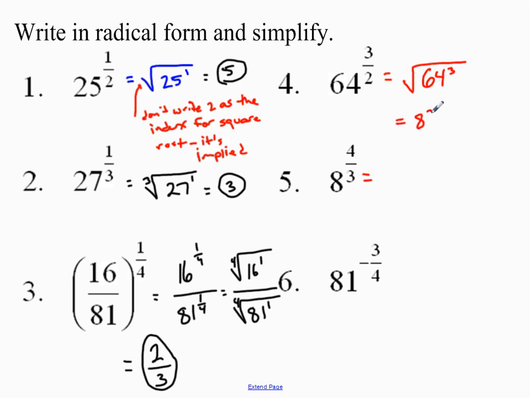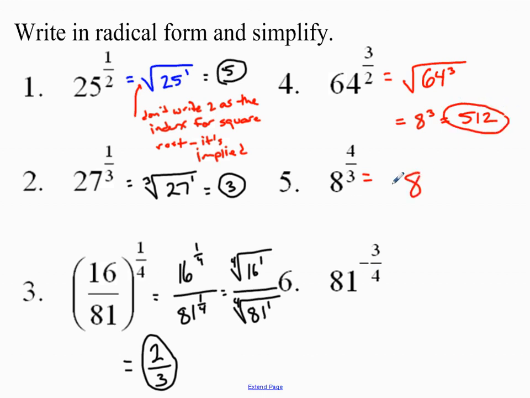And then 8 cubed, well, I think that's 512, if I'm not mistaken. I'm going to grab my calculator real quick and punch that in. 8 to the 3rd power. I don't have my powers table extended quite that far. Yep, 512.